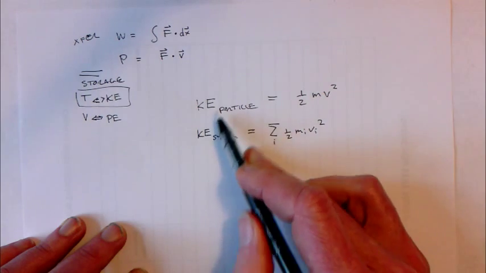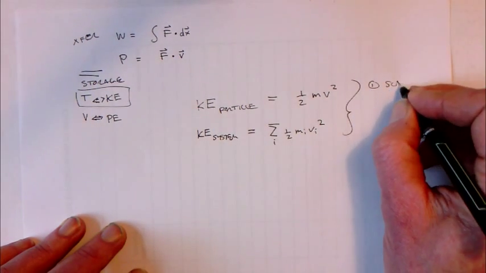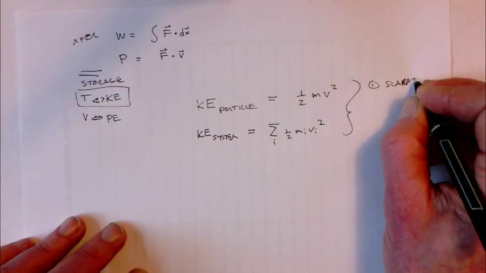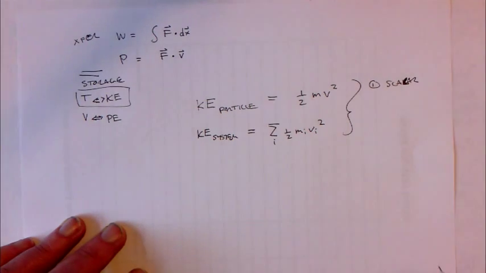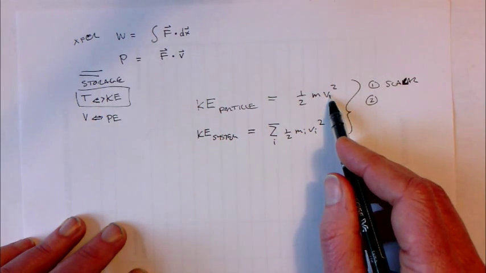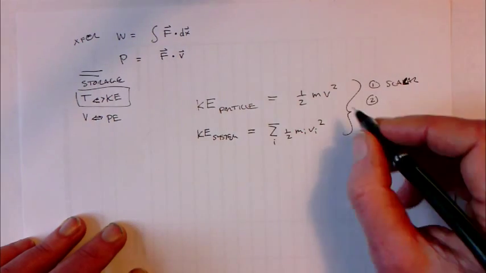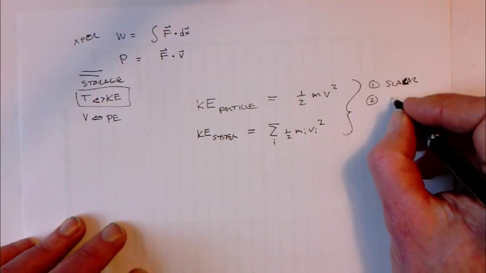One thing you'll note about both of these quantities is that they are scalar quantities. Remember that energy is a scalar quantity. You can see pretty easily what the units are: kilograms times meters squared per second squared, or kilograms meters per second squared times meters, which is the same thing as force times distance, so joules.